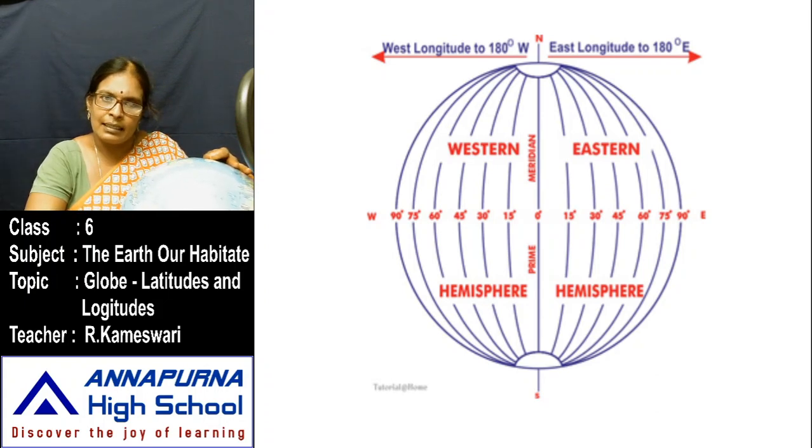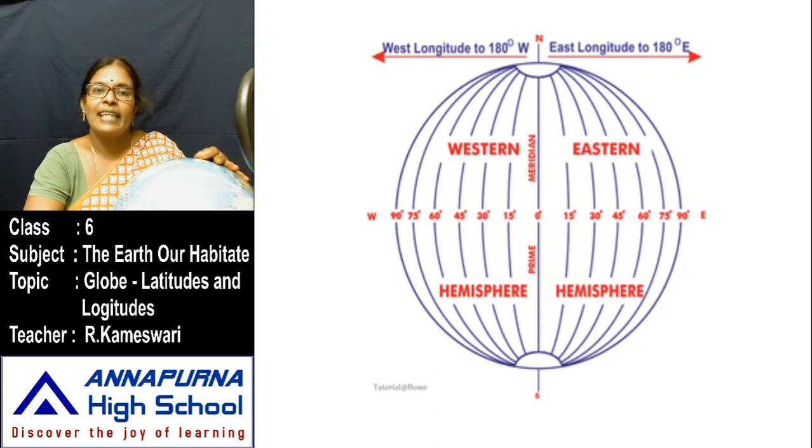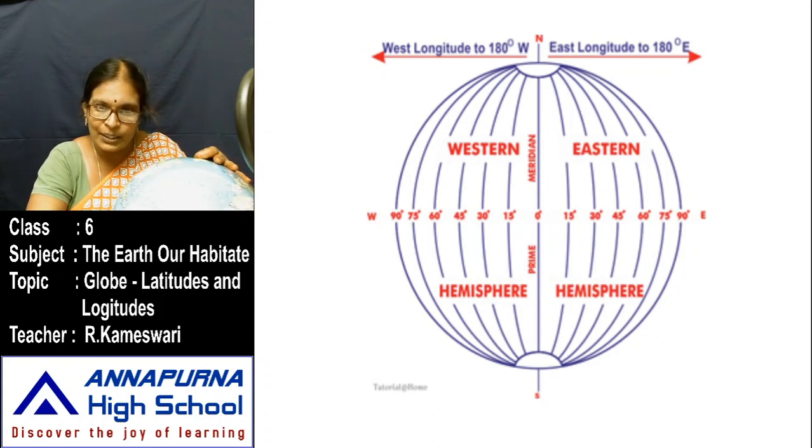From the Greenwich meridian, on the east side there are 180 longitudes and on the west side there are 180 longitudes. Total how many longitudes are there? 360. Here I did not add the 0 degrees longitude. The reason is that the east 180 degrees longitude and the west 180 degrees longitude are the same.